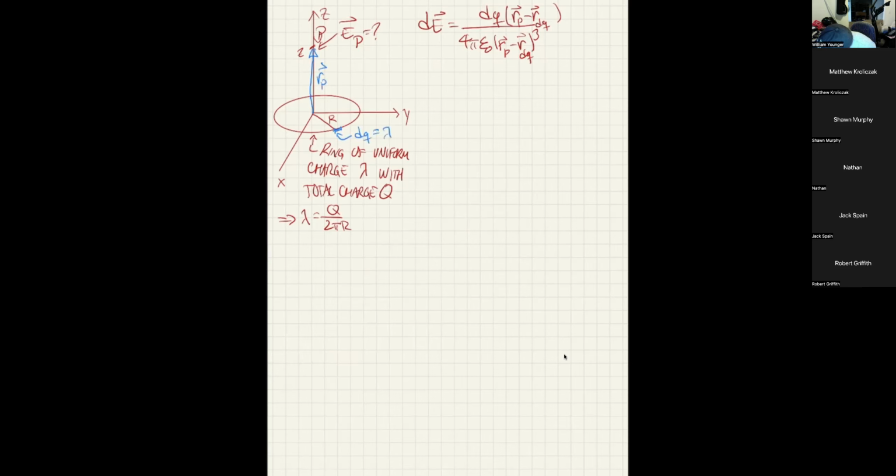If I allow theta to change by d theta, then it'll be R d theta. So this vector right here is r dQ. Does that make sense to everyone?